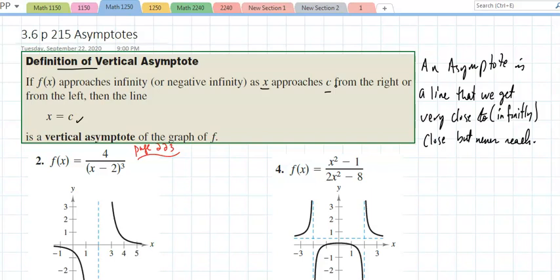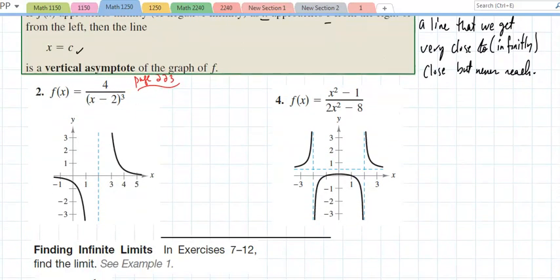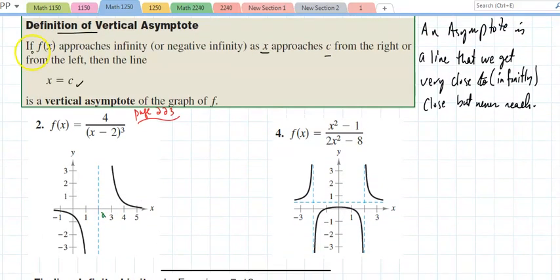Vertical asymptotes, horizontal asymptotes. Vertical asymptotes is when you look at a value of x, in this case x equal 2, and you notice if you approach, that's what the theorem says, if f of x approaches infinity as x approaches 2.